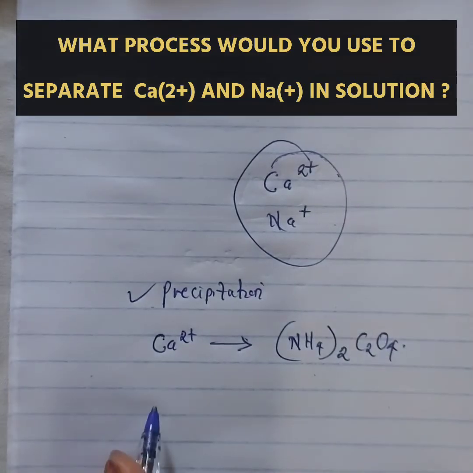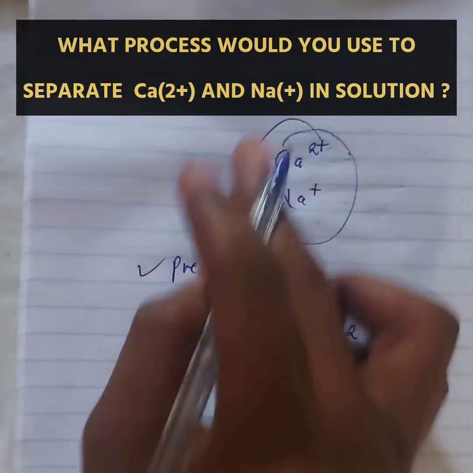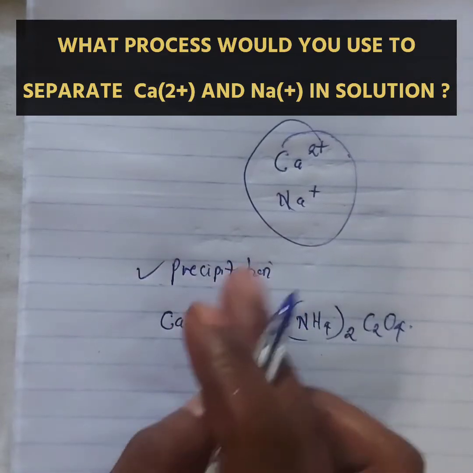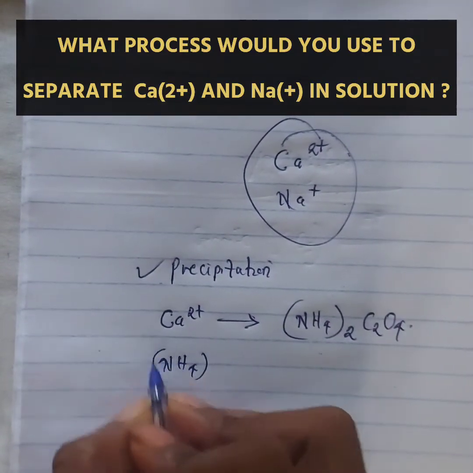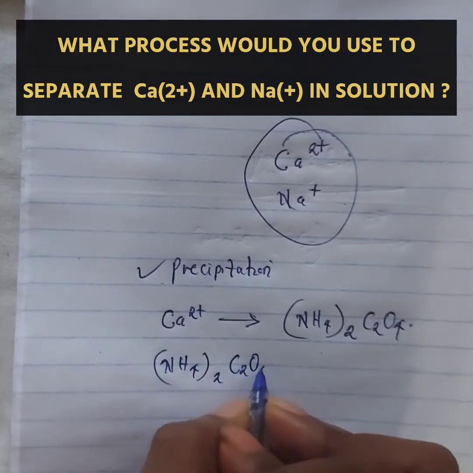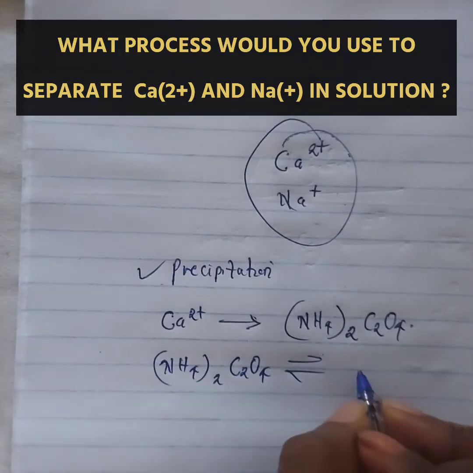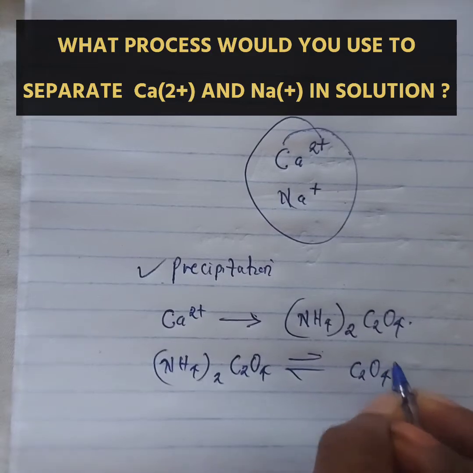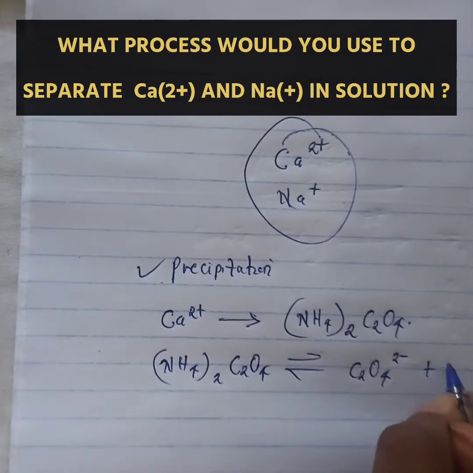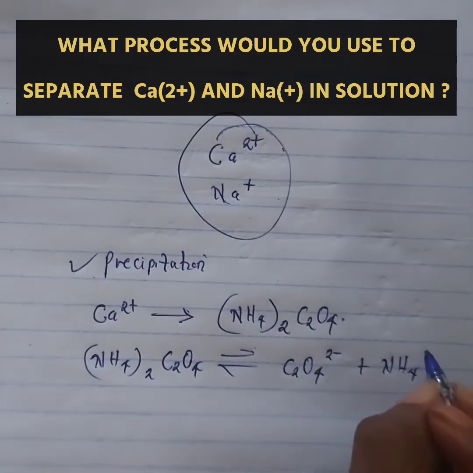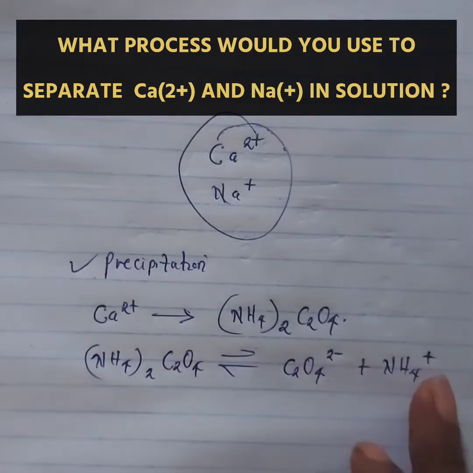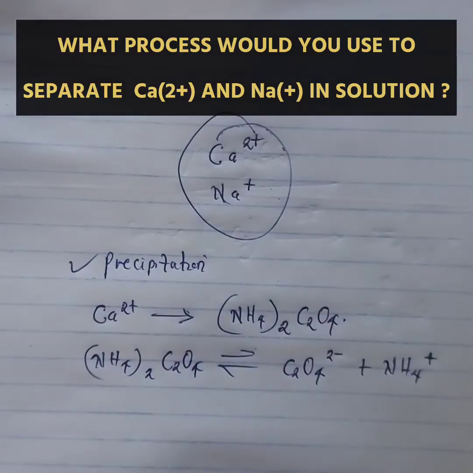Now, when this solution containing these two ions is treated with ammonium oxalate, this can actually dissociate or break down into ions. That's the ionic form of the ammonium oxalate. So this is what we'll have added to this solution.